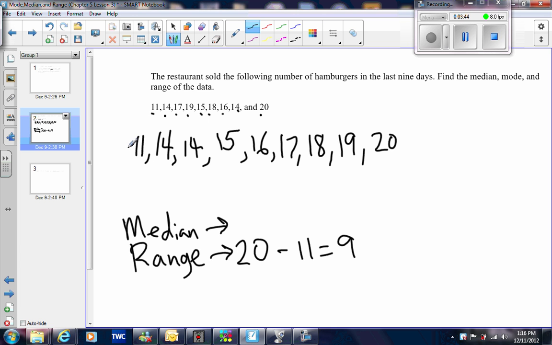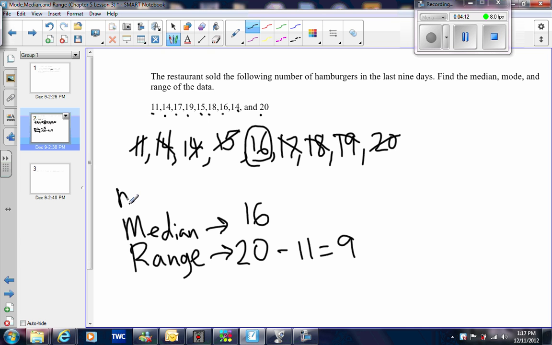Some kids I know cross off these. So they cross off the least, cross off the greatest, cross off the least, cross off the greatest, cross off the least, cross off the greatest. And then there's only one left in the middle. And that is your median. It's the middle when they're put in order from least to greatest.